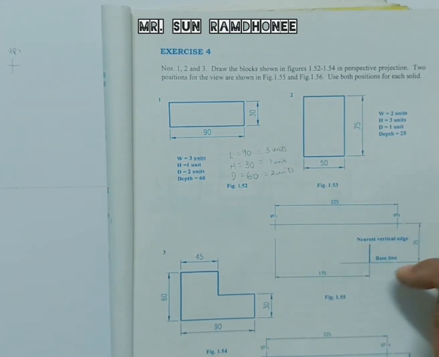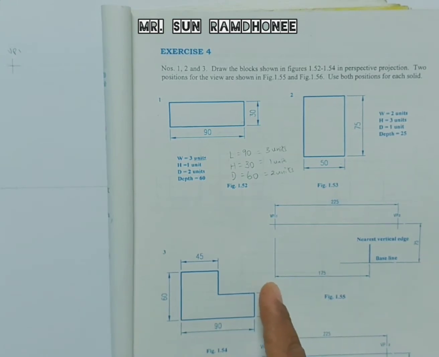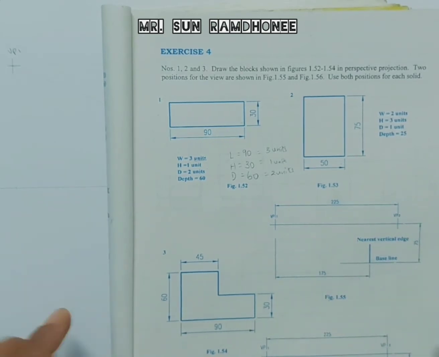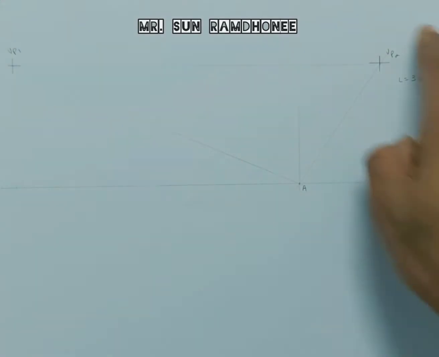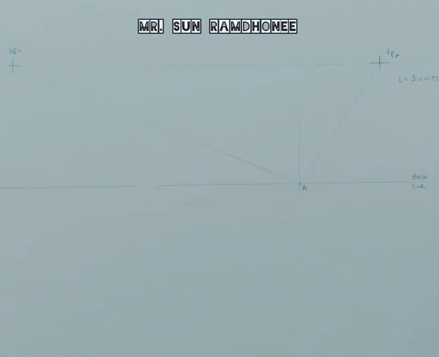The distance from the baseline to the vanishing point is 75 millimeters, and the distance from the vanishing point 1 to the baseline or the nearest vertical edge is 175. I have drawn the same here, and we are going to construct the object.